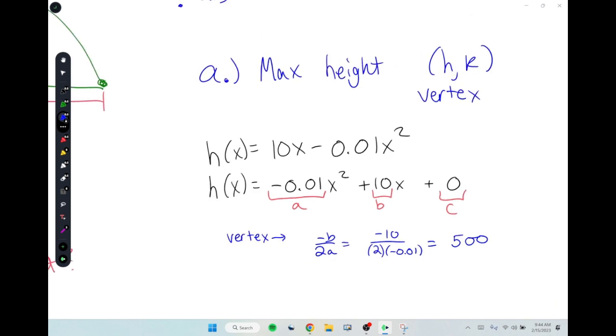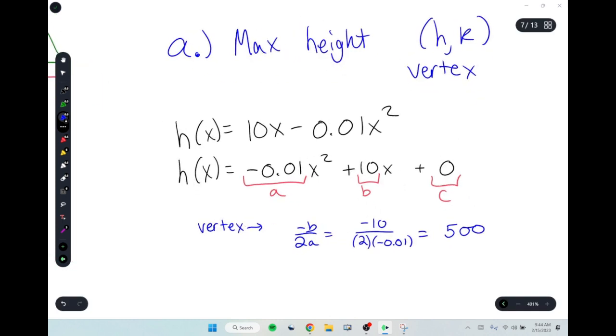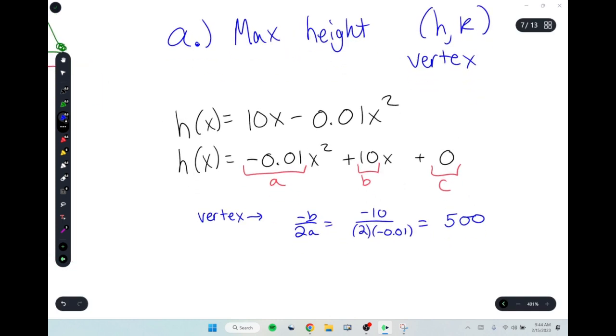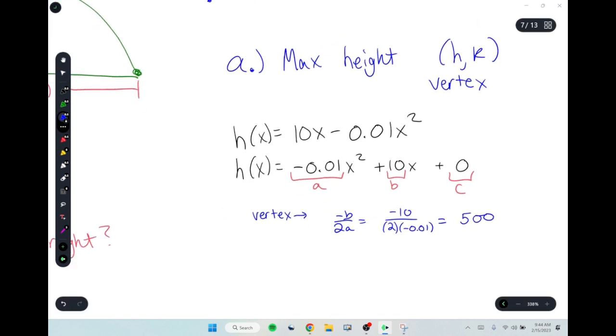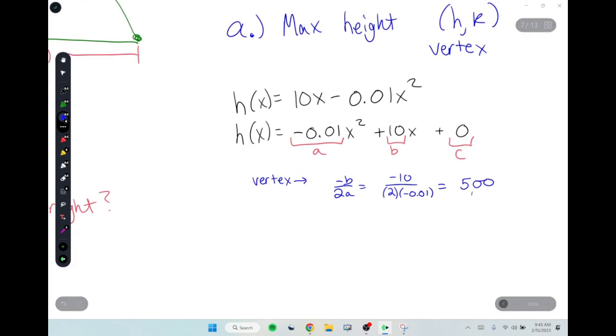What is 500? It's the y, the K, the highest point? No, it's the x. Yeah, 500 is the x value of the vertex.